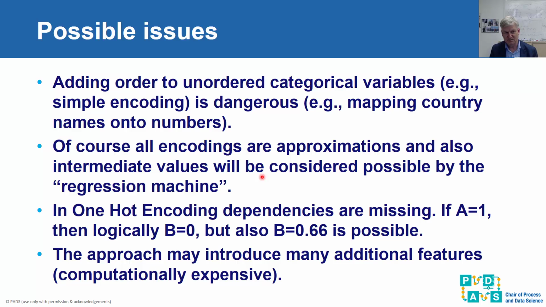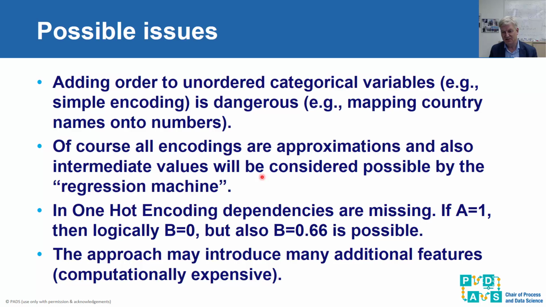They do not need to be exactly these values. So the variable b in our regression formula could also be 0.66. Although that never happens in the set that we use to learn the regression formula, in principle it allows for values other than 0 and 1. So that's a problem with one hot encoding.